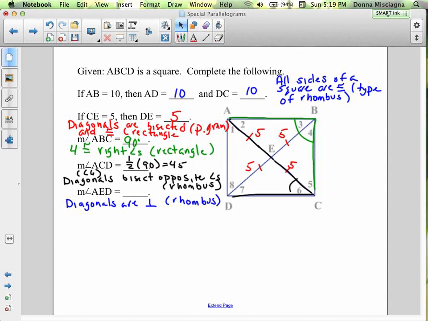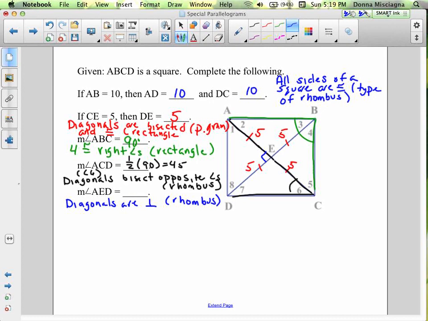So there are things that you can know about a quadrilateral. If it has 4 congruent sides, it has to have perpendicular diagonals, and the diagonals have to bisect the angles. That's true all the time. Whether it's a rhombus or more specifically a square, those diagonals meet at right angles.